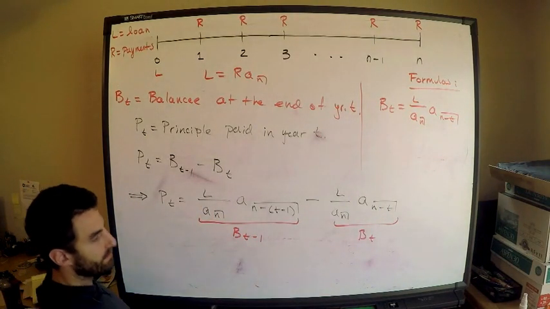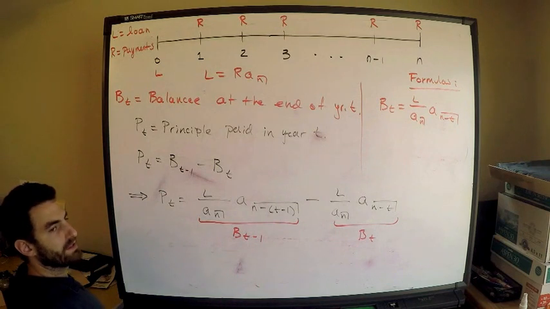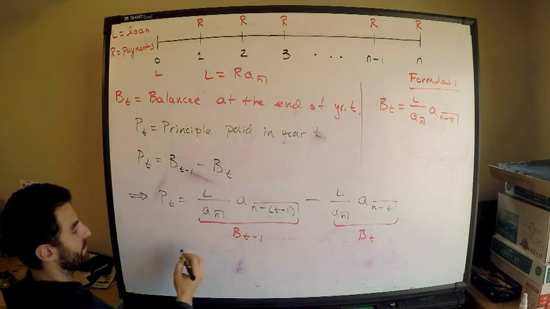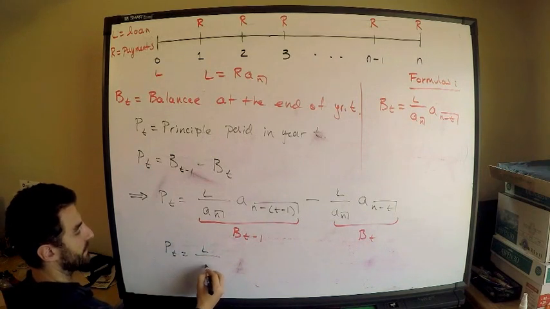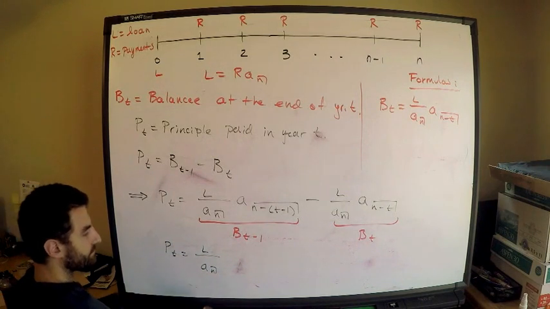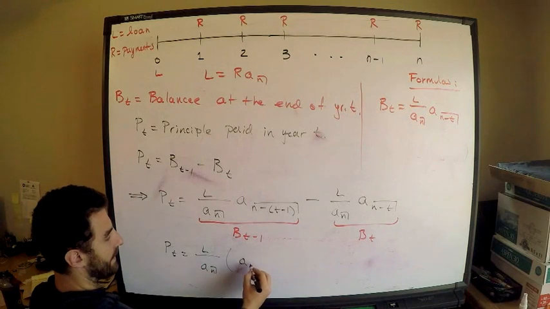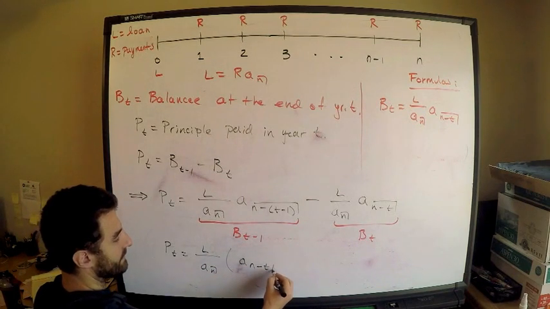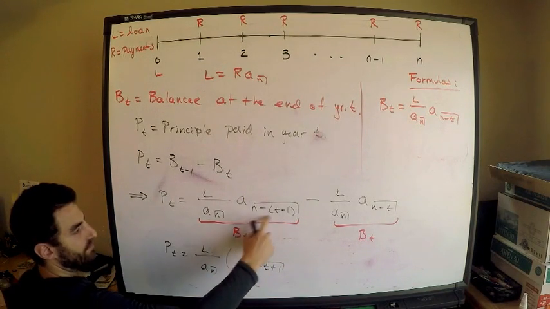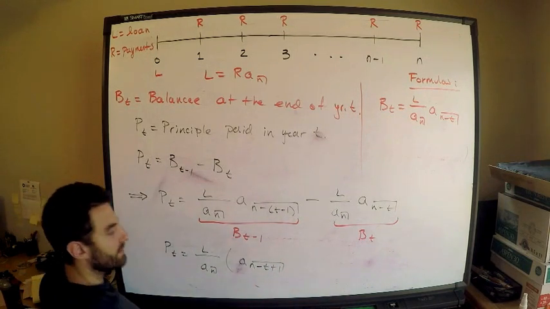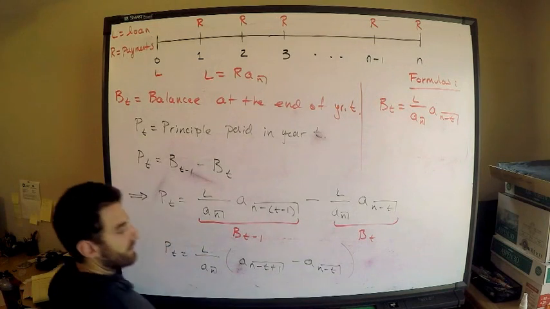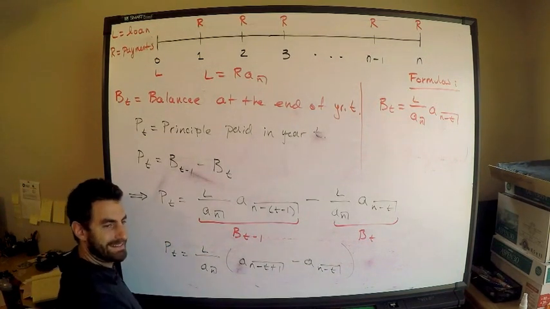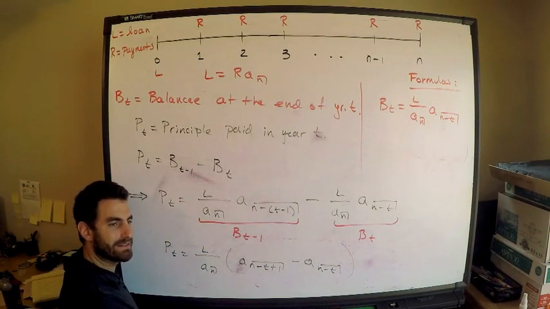Now hopefully you can see what I'm going to do. I'm just going to factor out my payment, L over a sub N. So P sub T is equal to L over a angle N, and I'm left over with a angle N minus T plus 1, just distributing, getting rid of the parentheses, minus a angle N minus T. What is this?